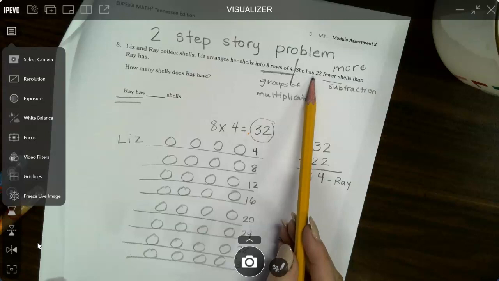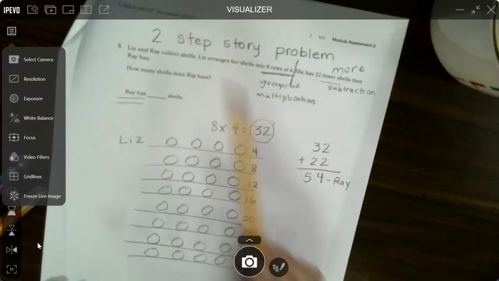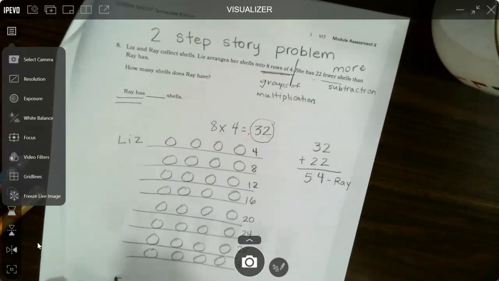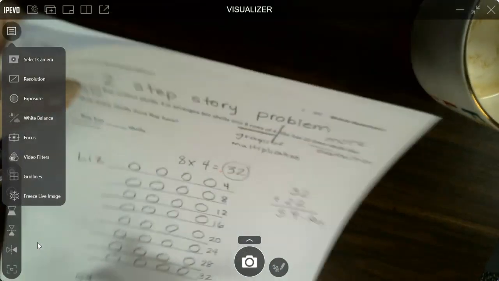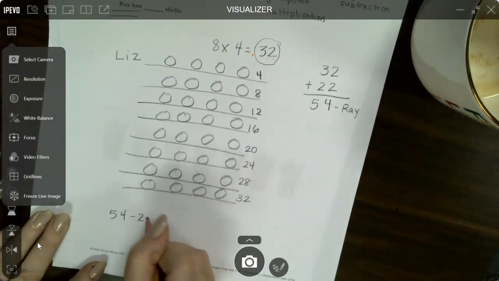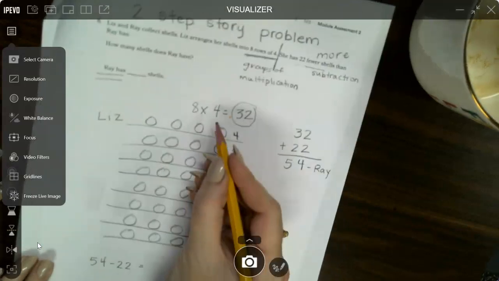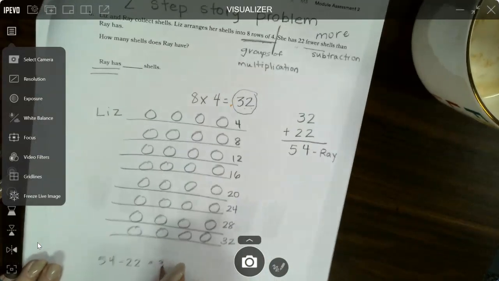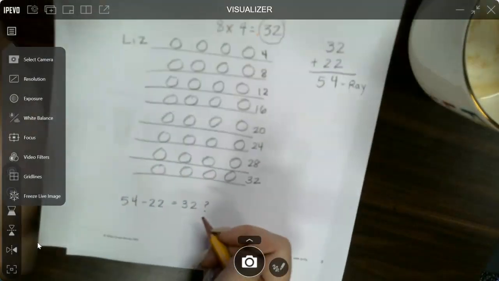She has 22 fewer shells than Ray. If Ray has 54 shells, and I take away 22 of those, will it give me Liz's 32? Let's look and see. So there's a couple of ways I could do that.